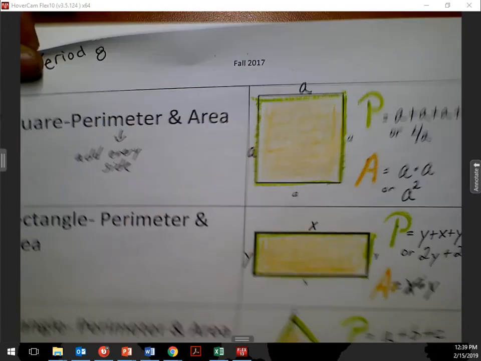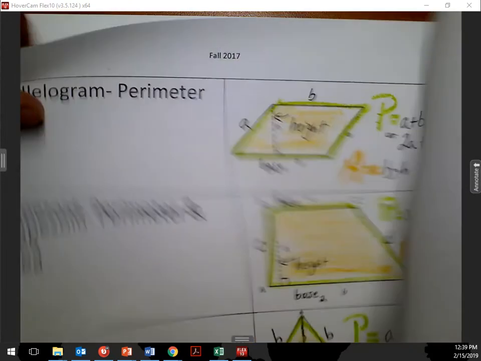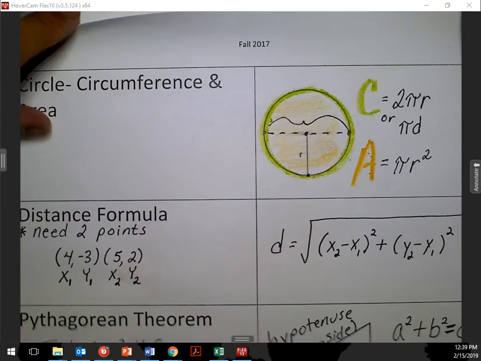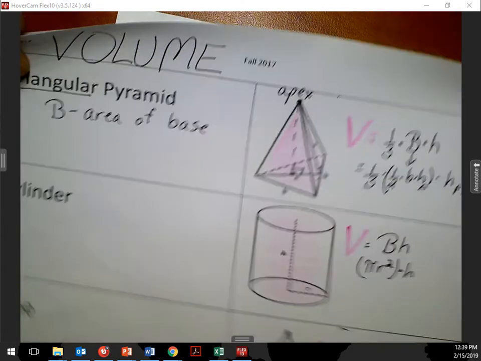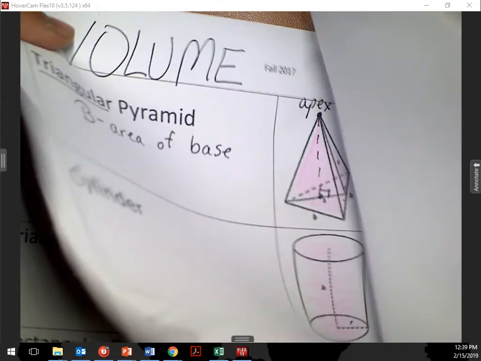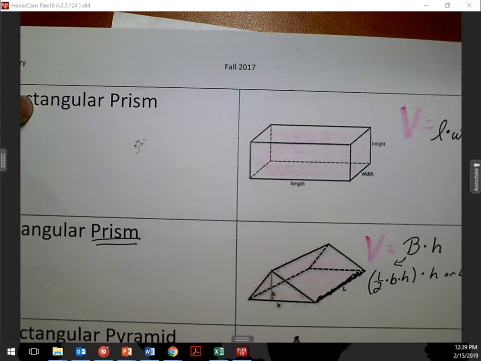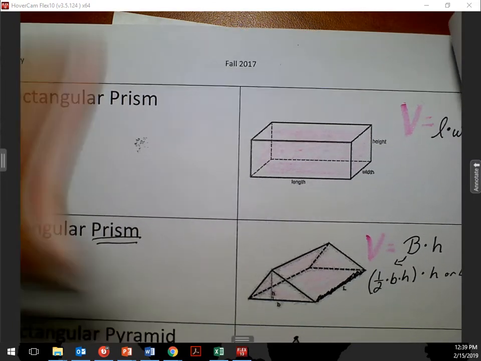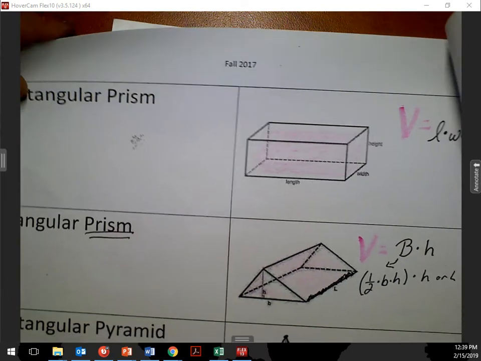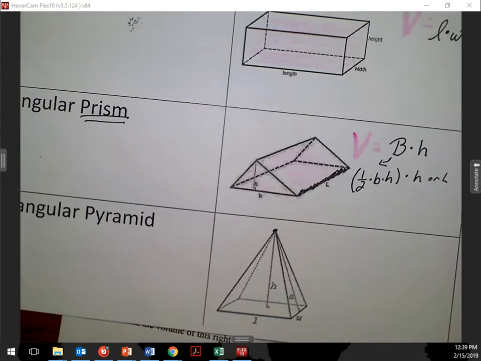The ones we're doing today are cylinder and prism. Cylinder is there, and prism is right here. This is what you need to be going over. This is quite important.